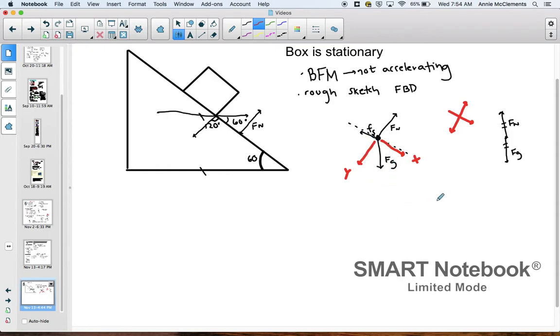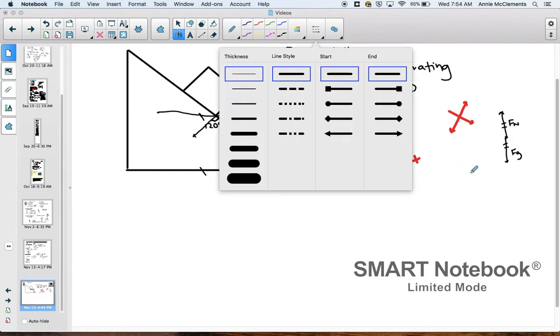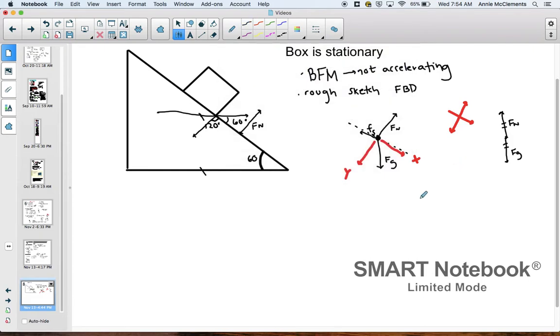So Fg is ultimately going to need to be split into components. If this is Fg, there's going to be an Fg in the y direction, Fgy, and an Fg in the x direction, Fgx.